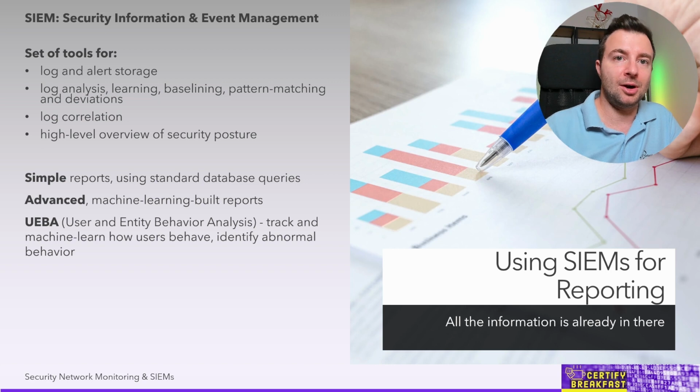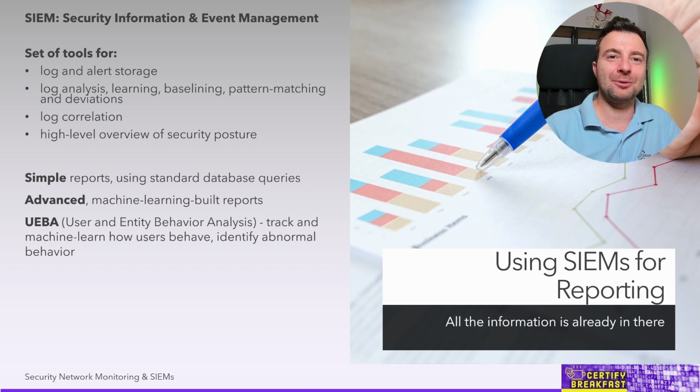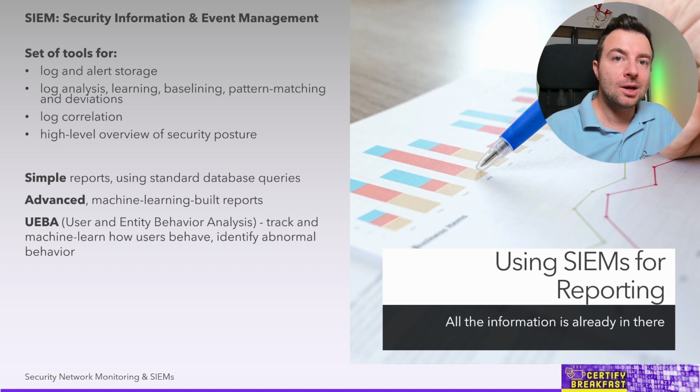So if we are able to monitor what our users are doing, we're not talking here about just watching what websites they're visiting or taking frequent screenshots of their workstations. No, we're not doing that, but we're looking at the behavior that they're exhibiting whenever they're interacting with specific applications. And if the SIEM has such an ability, we call that ability user and entity behavior analysis.